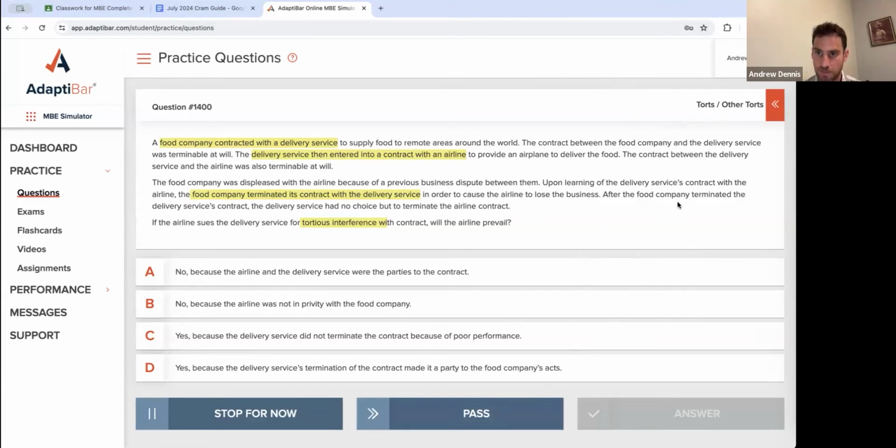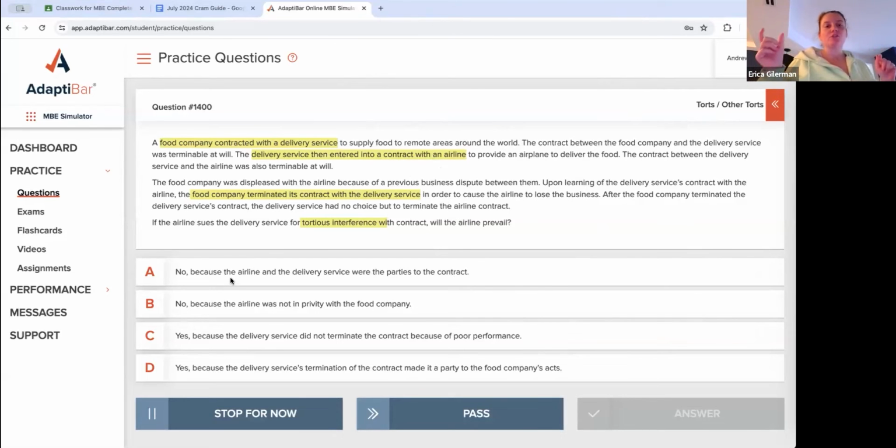So a lot of people are picking A. Does anyone want to explain to the class why they think A is the correct answer? I can explain. So the initial contract is between the food company and the delivery service, and then a separate contract is the delivery service with the airline.